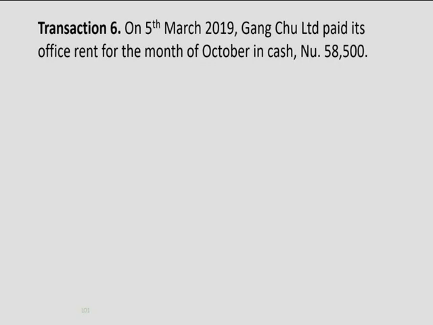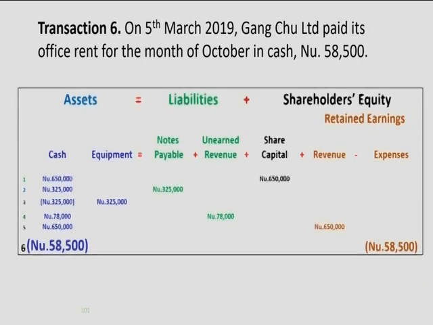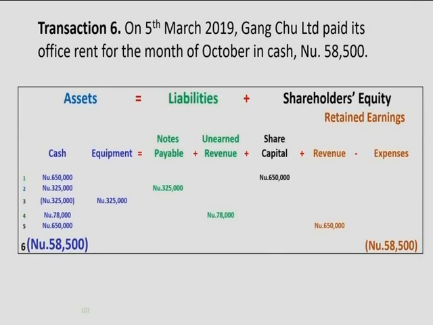Item 6 or transaction 6, on 5th March again, Gangchu Limited paid office rent, 58,500. So paying an office rent. Now from Gangchu's account, cash should be reduced by 58,500, and in the retained earnings, expense has to be recognized, and 58,500 should be reduced from the retained earnings.